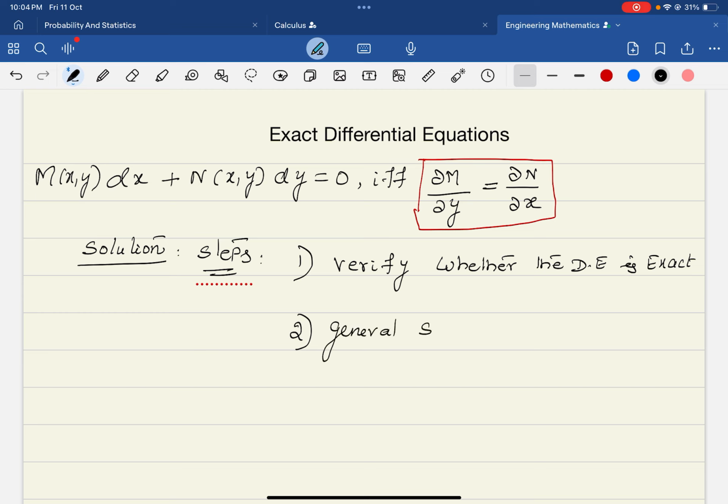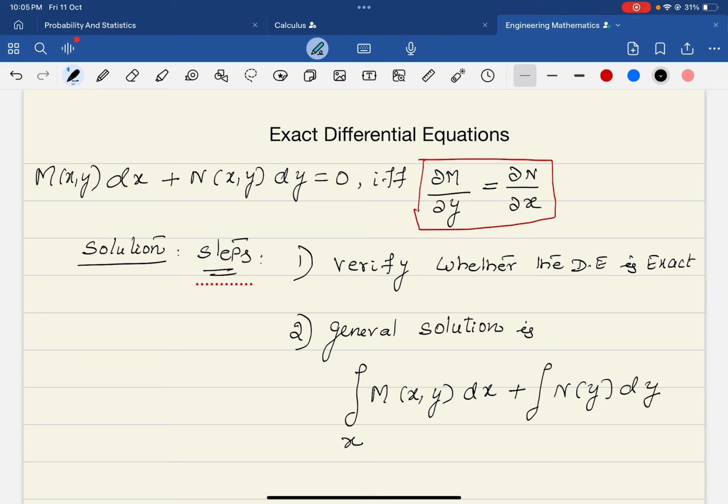The general solution of such an exact differential equation is given by integral of M of x comma y dx, where we are integrating with respect to x by treating y as a constant, plus integral of N of y dy. Remember, this is not N of x comma y, this is N of y.